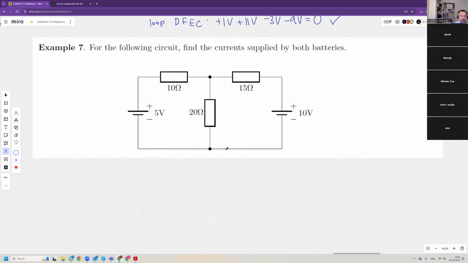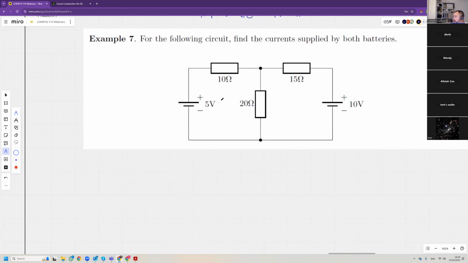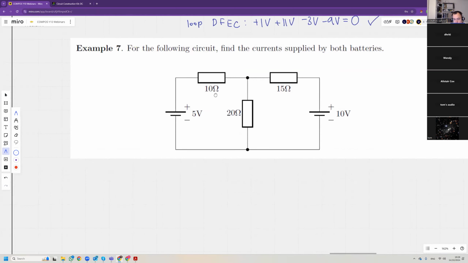So you have 2 batteries and 2 resistors. Yeah, it's example 7, but I think it's worth doing.